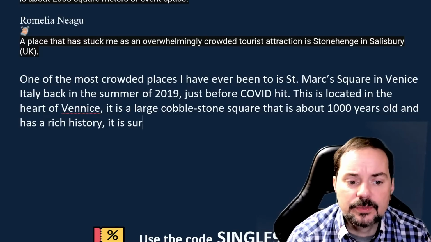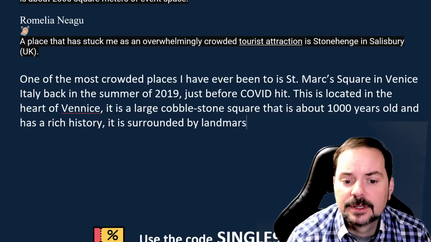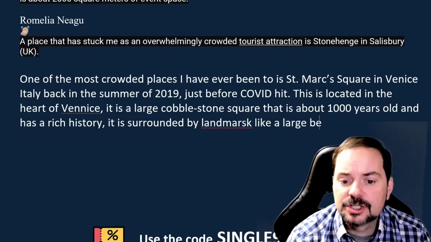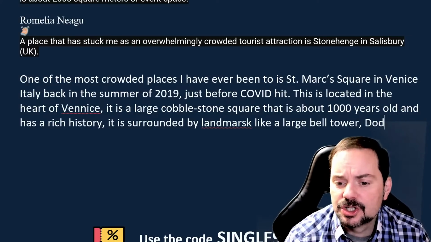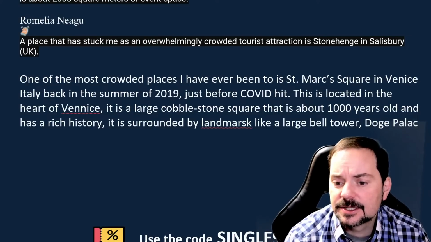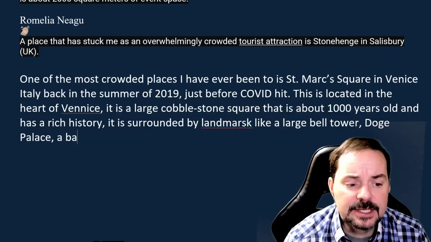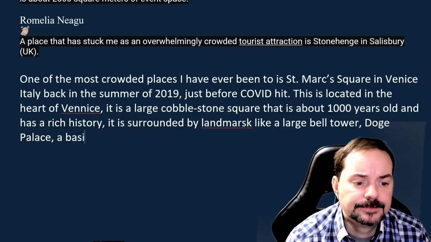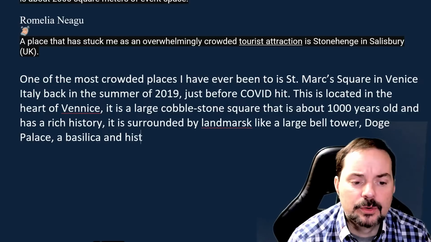It is surrounded by landmarks like a large bell tower, a Doge Palace, a basilica, and historic shops.